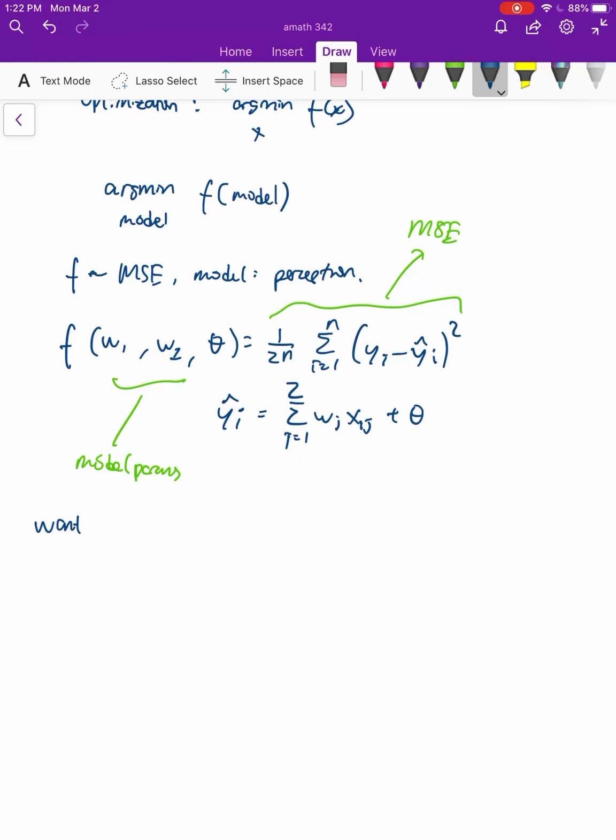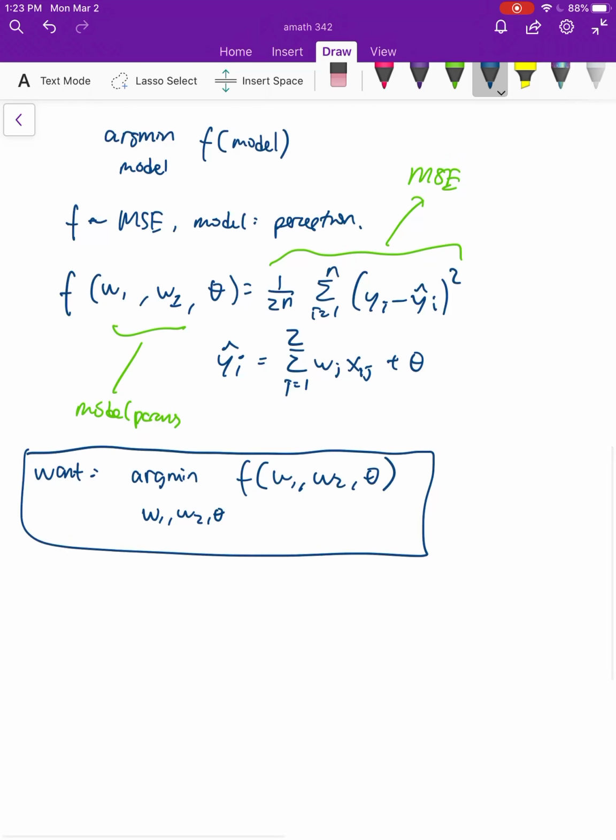Now then, to find a good model, it's simply, well, it's not simple. The minimizing process is tough, but it's equivalent to just finding the argmin over w1, w2, theta of the cost function.